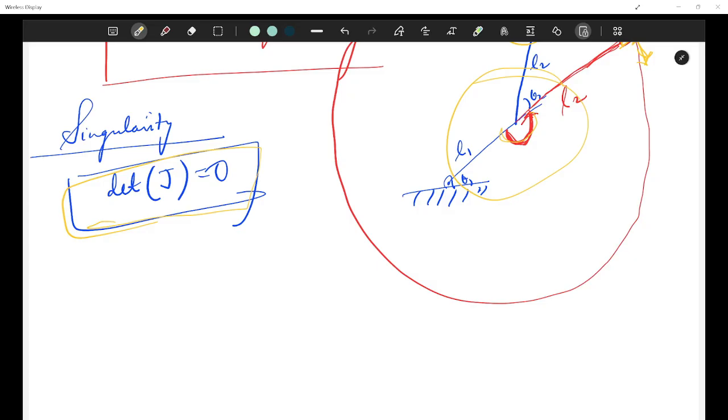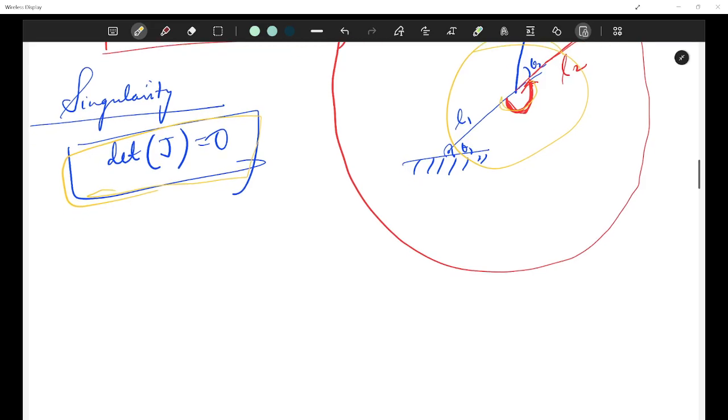So at singularity, some end effector velocities cannot be produced.